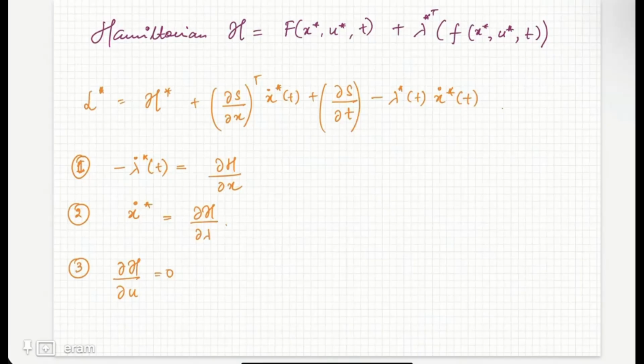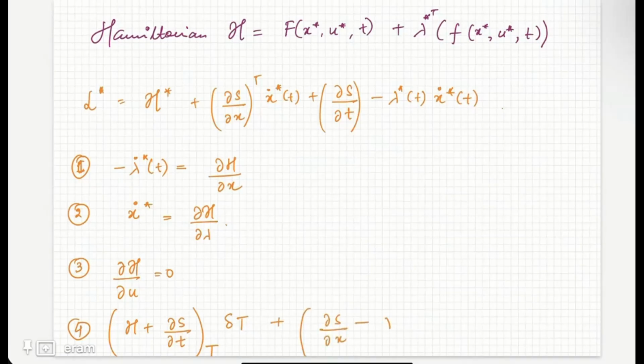And finally the boundary conditions here get converted to the form h plus dou s by dou t, that is evaluated at t into variation in final time t, plus dou s by dou x minus lambda star t evaluated at final time t dou xt.